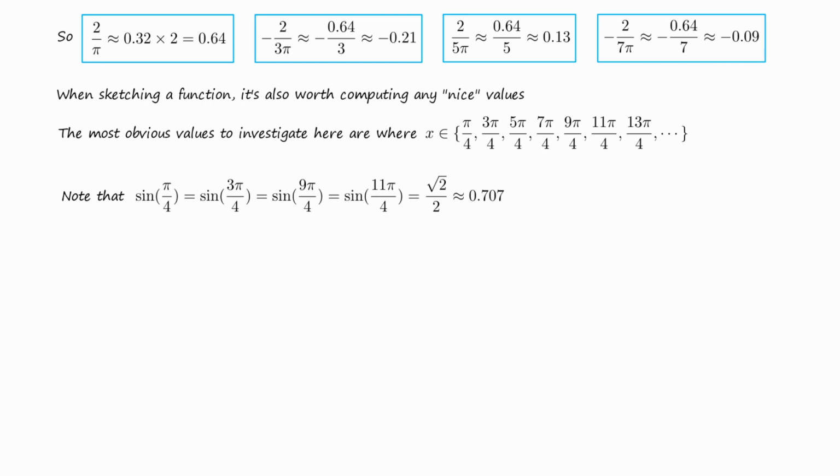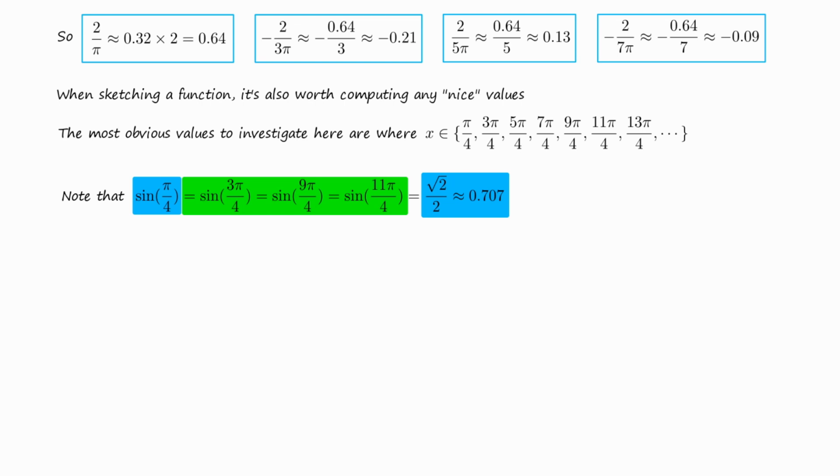Now first we note that sine pi by 4 equals root 2 over 2, which has the well-known value 0.707, with that value being well known at least to people who have studied some electrical theory. And by the symmetries of the sine function, the other quantities shown in green also have the same value. And also by symmetries of the sine function, the quantities shown in yellow have the value negative 0.707.